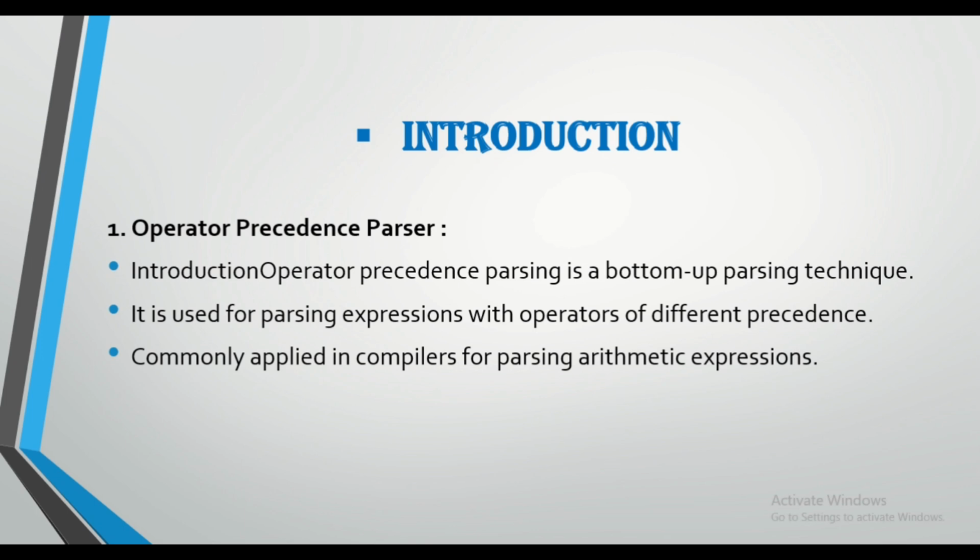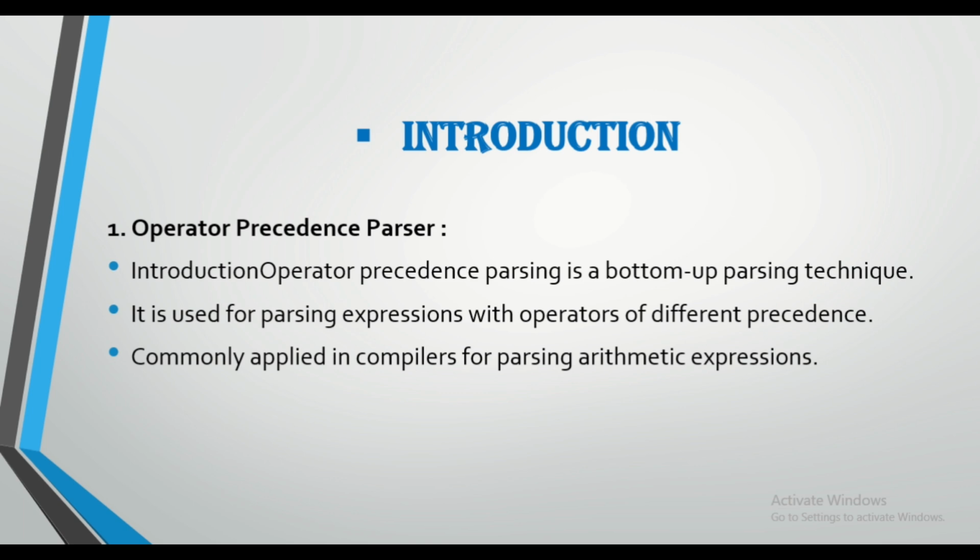What does the introduction mean? Operator precedence parsing is a bottom-up parsing technique. It is used for parsing expressions with operators of different precedence, commonly applied in compilers for parsing arithmetic expressions.